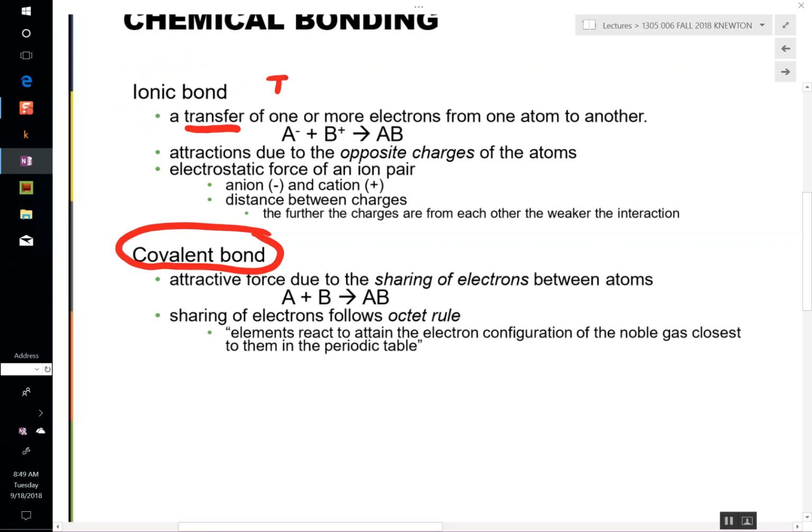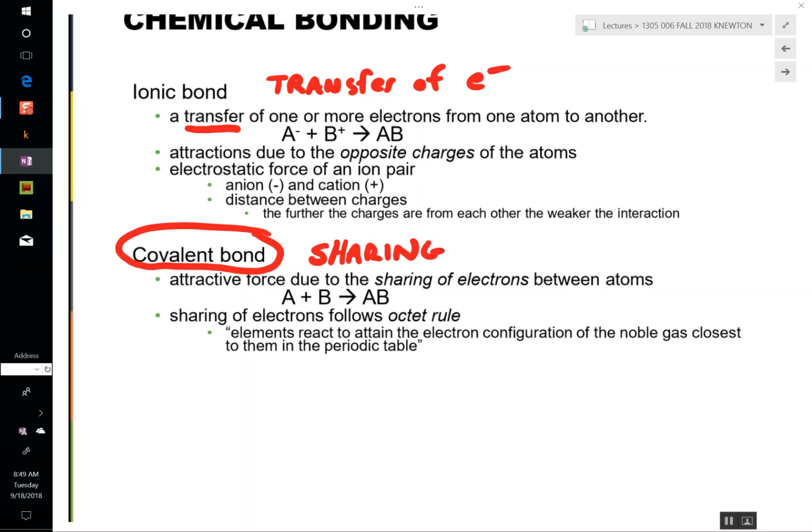Ionic bond, transfer of electrons from one atom, one element, to the other element. You're transferring electrons. You're making ions. Covalent bond, the operative word here is sharing. We're not forming ions. The two atoms in the bond are not transferring electrons between each other. They're sharing electrons between each other.